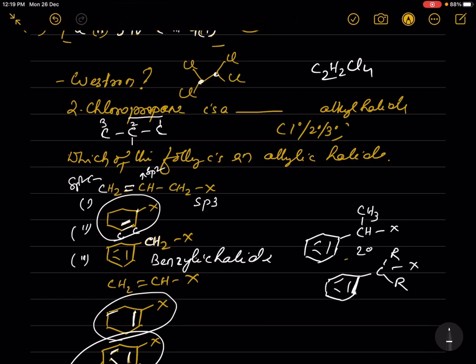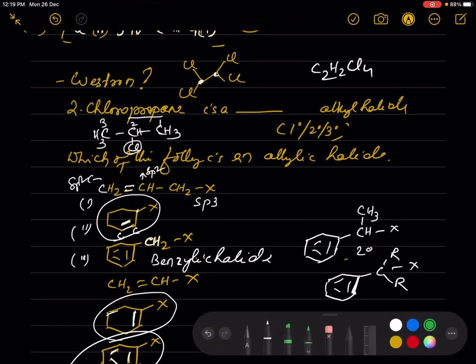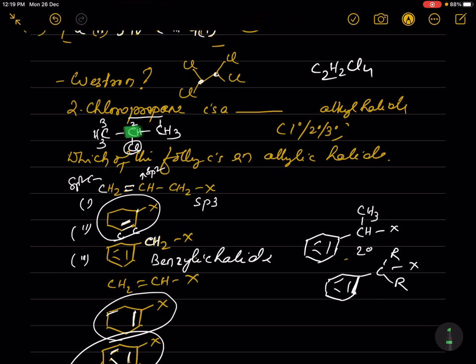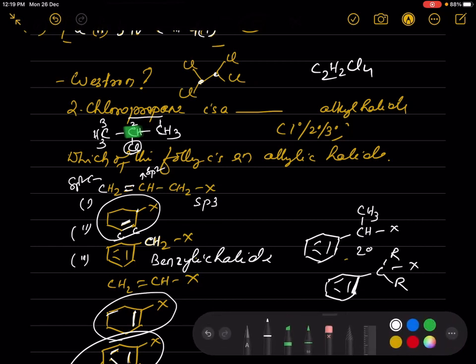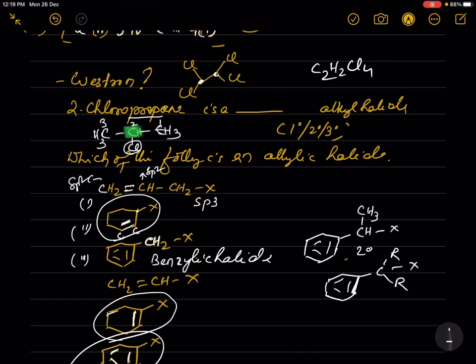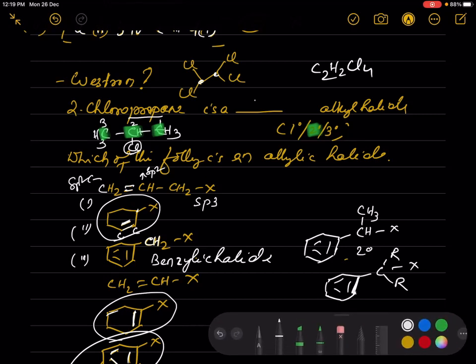At 2 position you will find chlorine, and each carbon has 4 bonds, and number 2 has a hydrogen atom. You see, chlorine is attached to the second carbon, and this carbon is attached to two carbon atoms on two different sides, this one and this one. So this is a secondary haloalkane. This is a secondary alkyl halide.